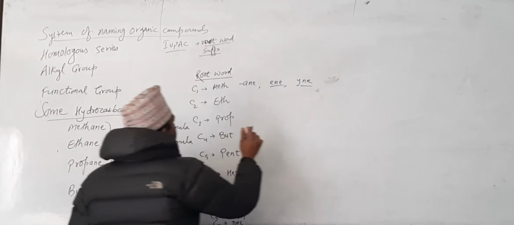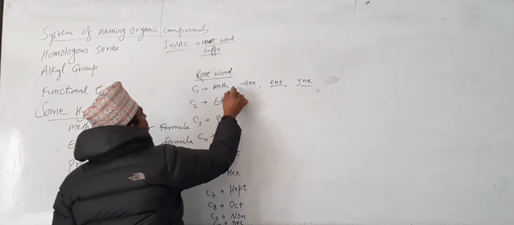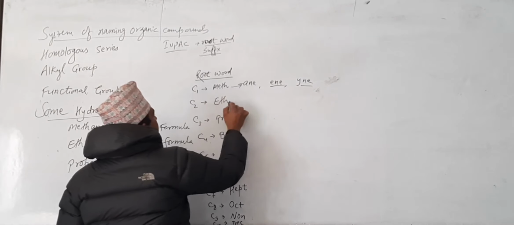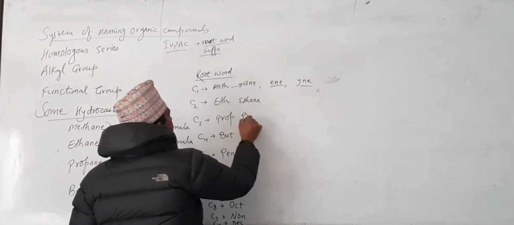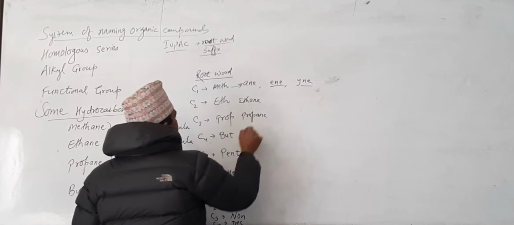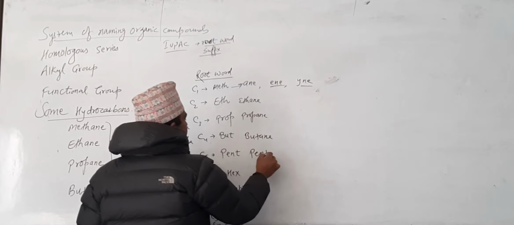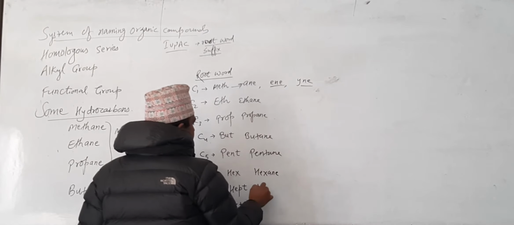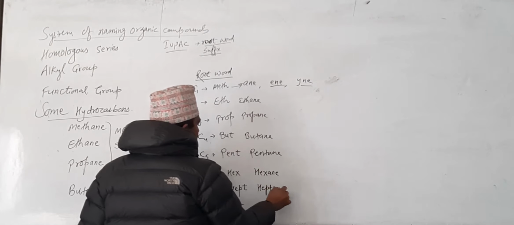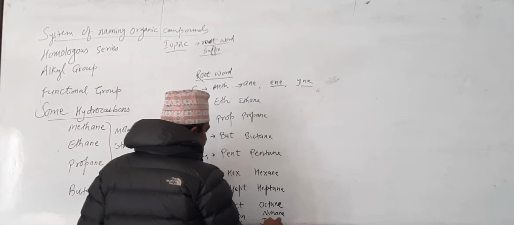I'll just remind you: if alkane is there, methane, then ethane, then propane, butane, pentane, hexane, heptane, octane, nonane and decane.